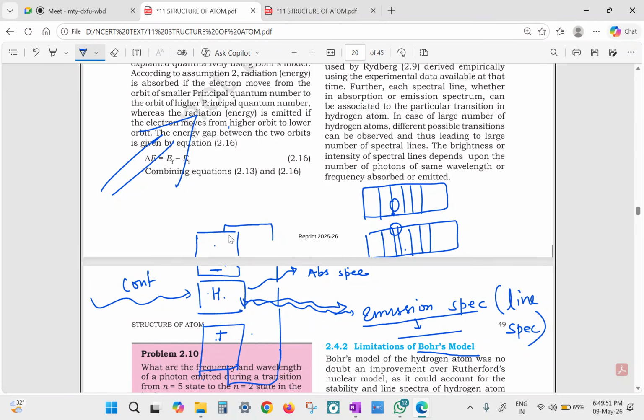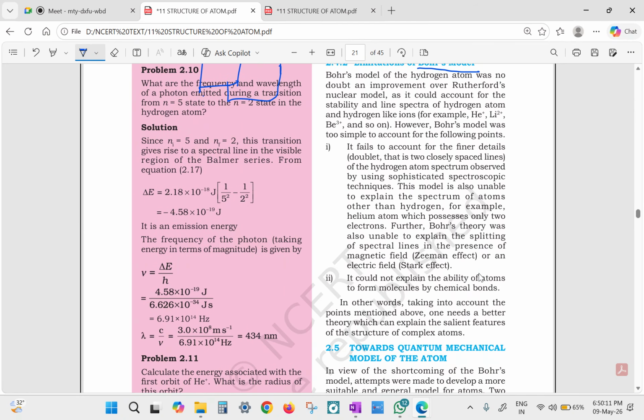Similarly, when the process was repeated with a magnetic field, that means a pair of magnets was placed and the emission spectrum was observed, again they saw that the emission spectrum was getting modified. Some lines were getting split.